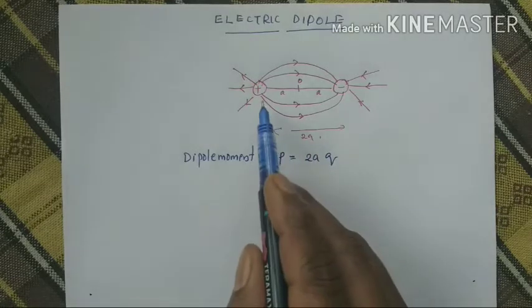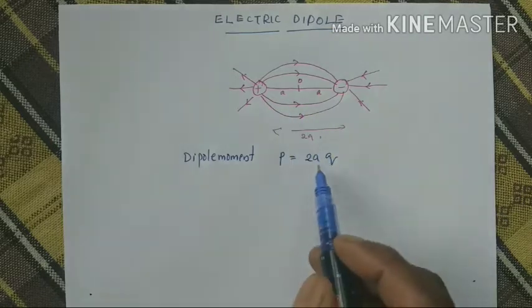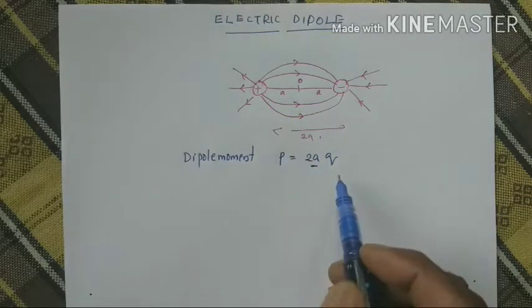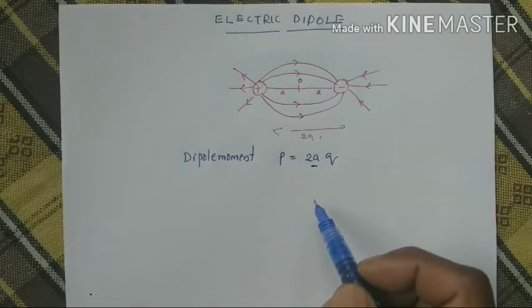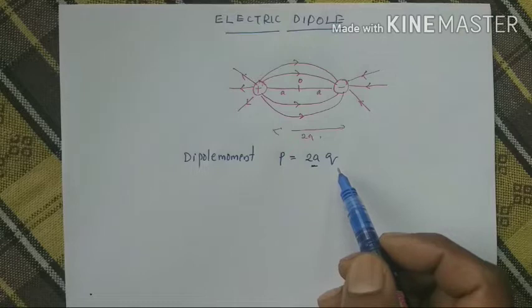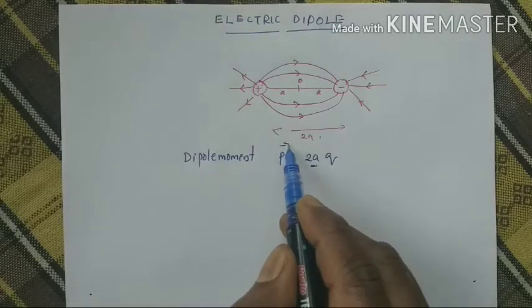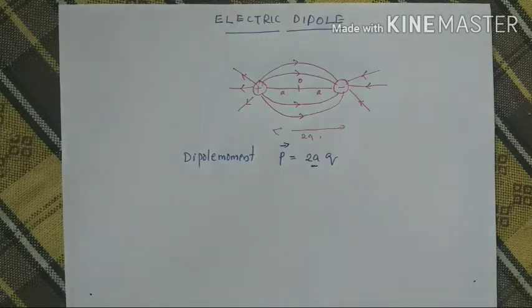It is simply written p = 2a × q. 2a is simply the distance between these two charges and q is the magnitude of one of the charges. As the distance increases, the dipole moment also increases, and it is a vector quantity, remember, directed opposite to the electric field direction.